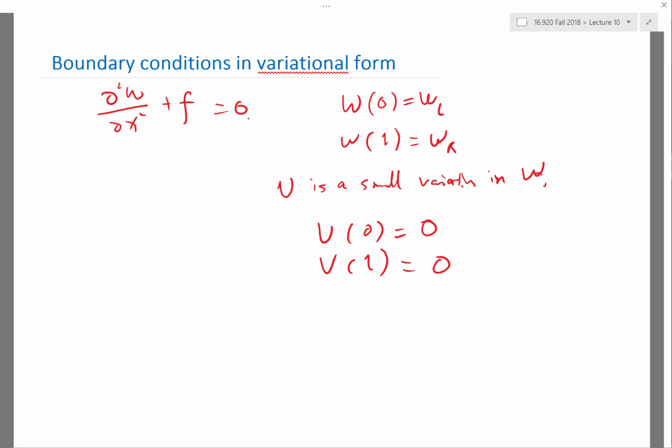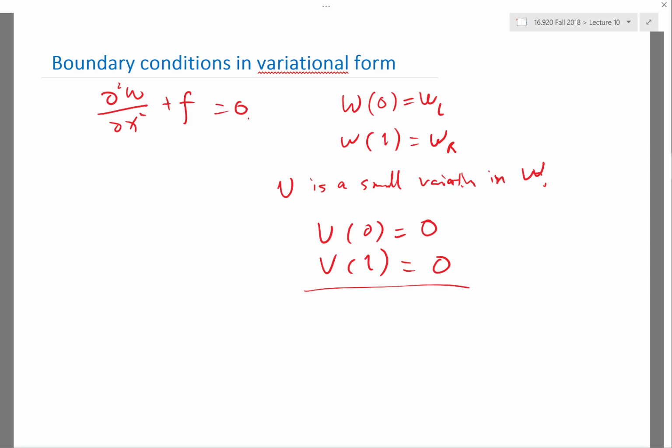If you think about the optimization problem, I'm minimizing the objective function under the constraints of the boundary conditions, right? So the boundary conditions here serve more like a constraint. That means when I take a small variation in the function W, the variation has to satisfy what we call the homogeneous version of the boundary condition, right?